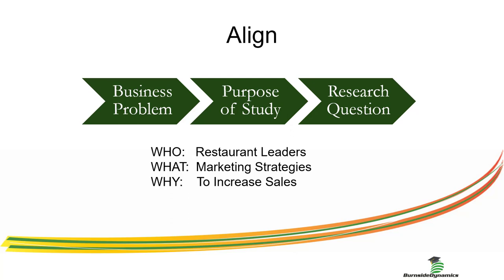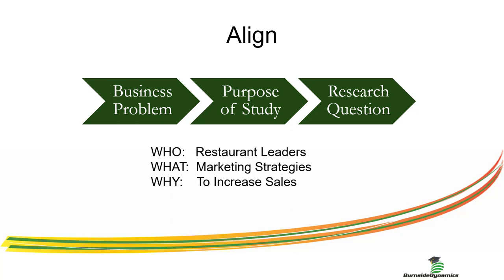So our business problem is that some restaurant leaders do not know which marketing strategies to use to increase sales. Might be along the lines somewhere in there. Our purpose of this study is to explore the marketing strategies restaurant leaders use to increase sales.